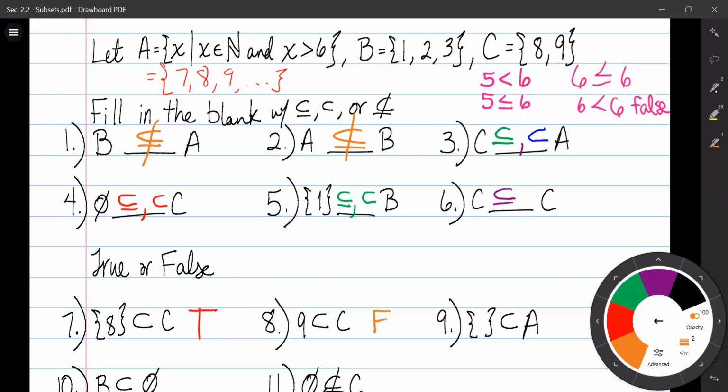So 9 is not a set, so therefore it can't be a subset of anything. 9 is just a number. In order to make that a true statement, you would have to put the curly braces on the 9. If you said the set containing the number 9 is a proper subset of C, then it would be true. But just the number 9 is not even a set, so it can't be a subset.